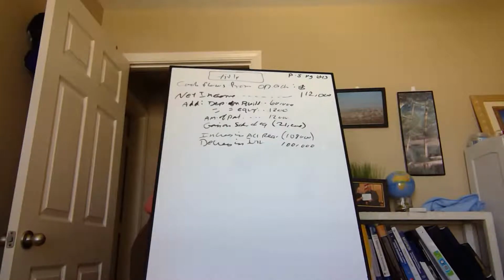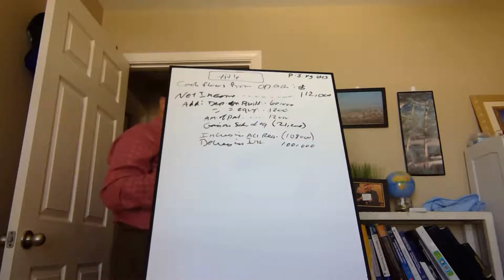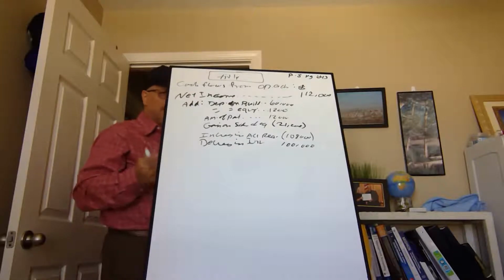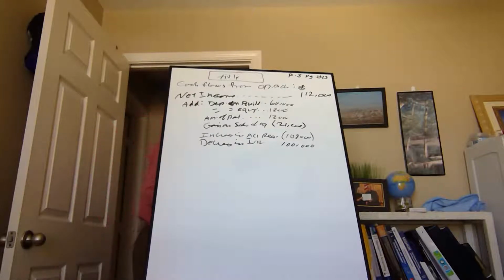Prepaid expenses. That's all the current assets that we have. We have the cash, but we don't do it because we're trying to explain the difference in cash. Oh, we still have prepaids. Sorry, prepaid expenses was 80,000.